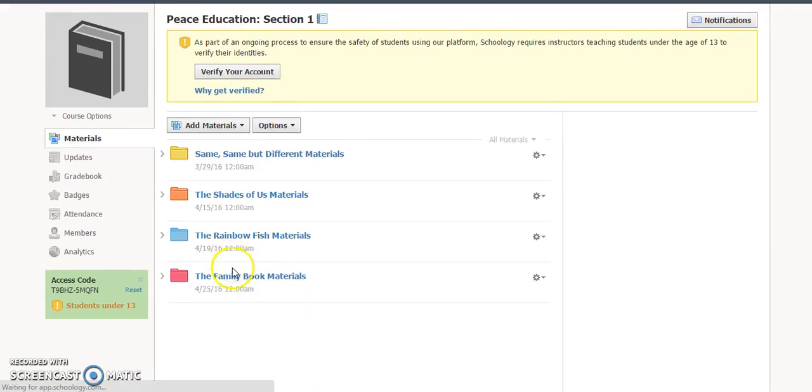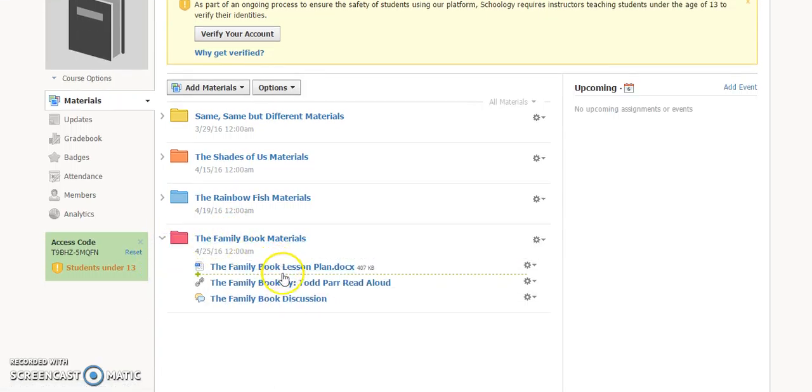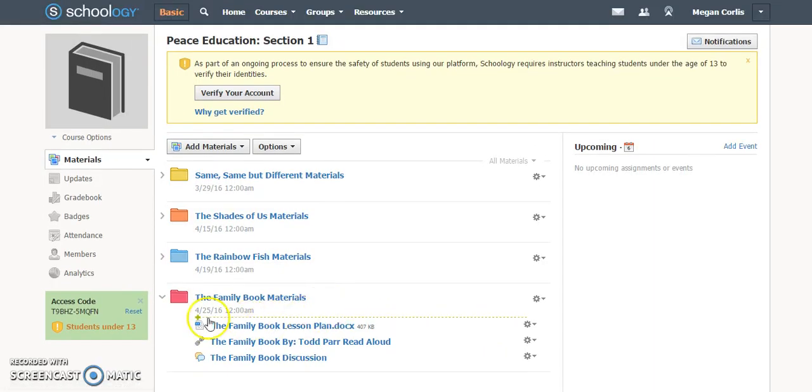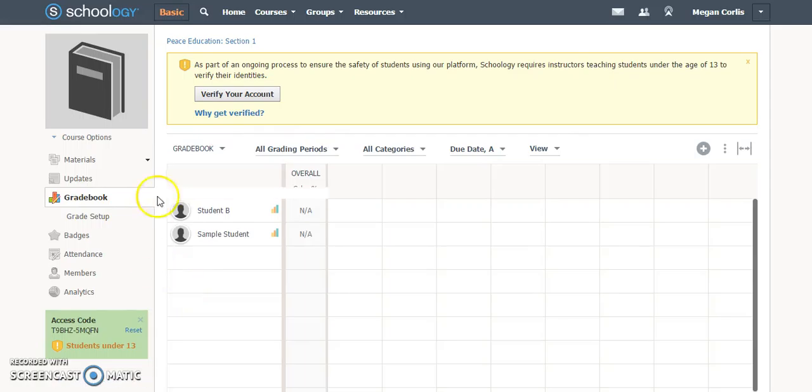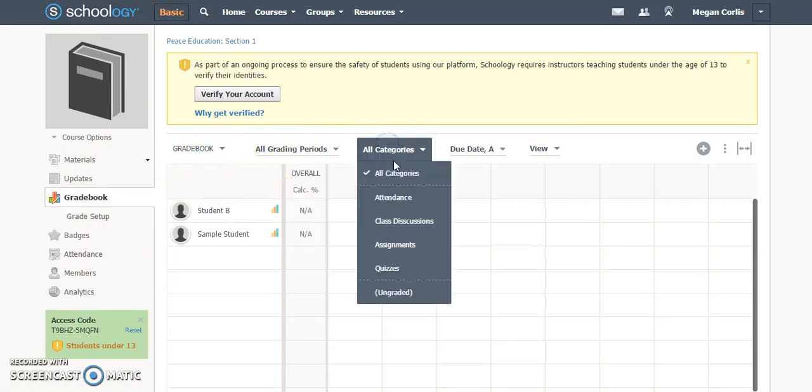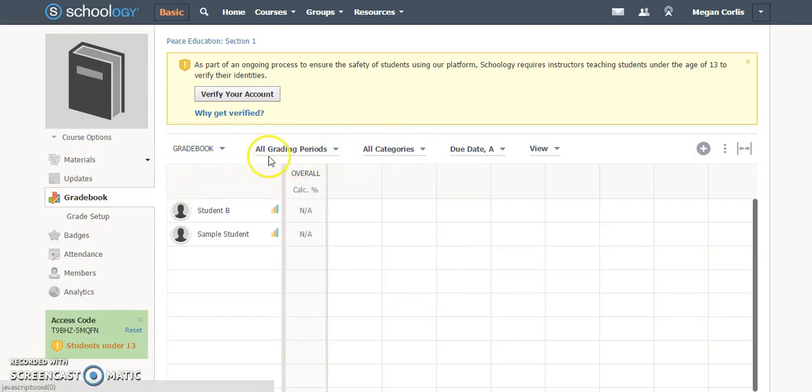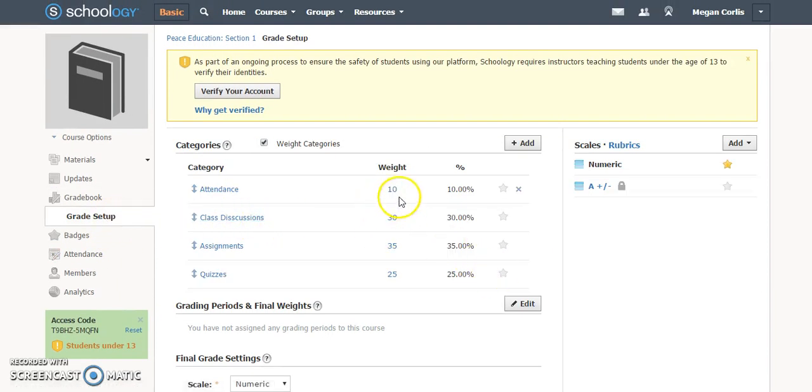So the last folder is organized in the same way: a lesson plan, a read aloud, and a discussion for this text. In the gradebook, you can see how the grading categories are broken down. Under grade setup, I weighted different categories with different weights.